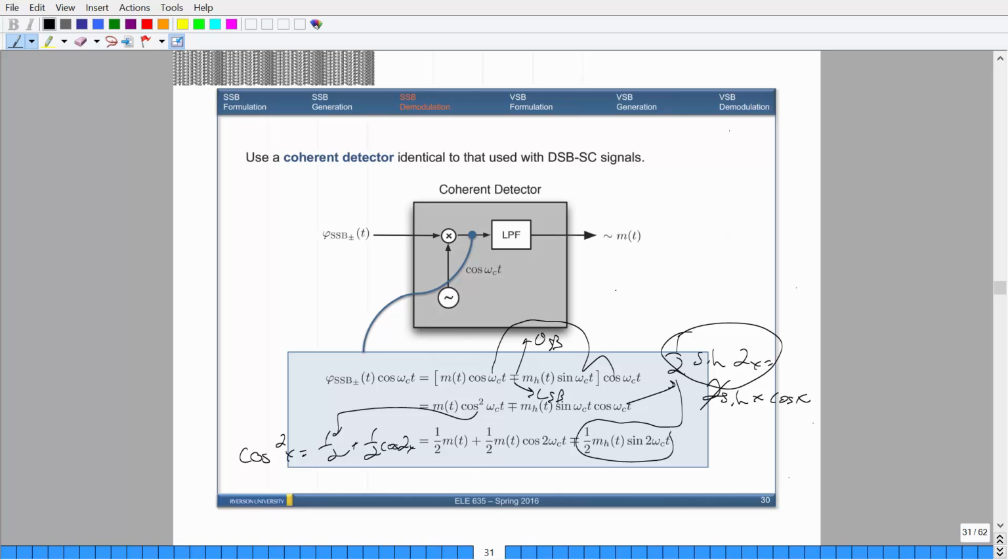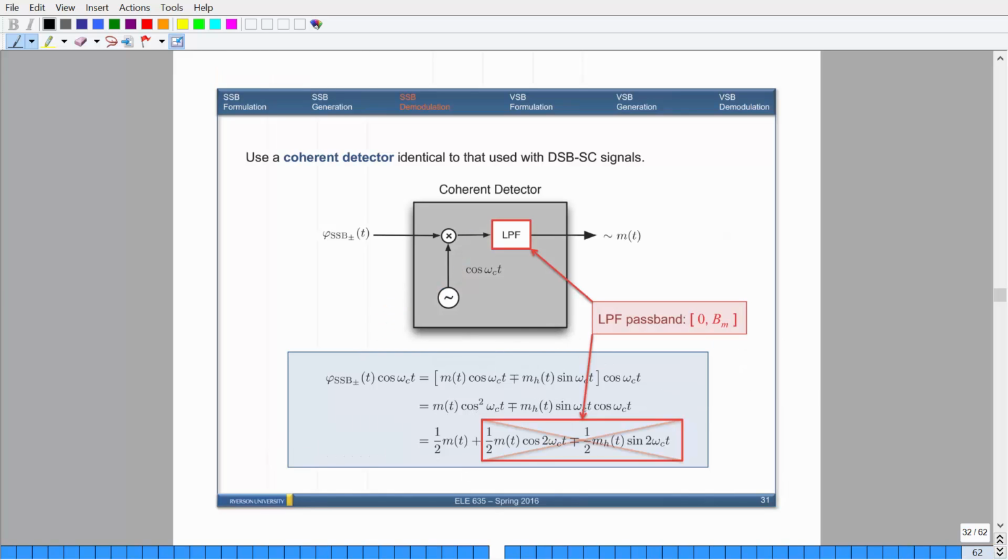So when you multiply by a cosine wave with a single sideband, you have 3 terms, and then you apply a low-pass filter, because you want to get rid of the 2 omega c components. When you apply the low-pass filter, the last 2 components go away, and you're left with this one, which is your original message, which is what you wanted anyway. You want to make sure that the passband of the low-pass filter is up to the bandwidth of your signal, which makes sense.